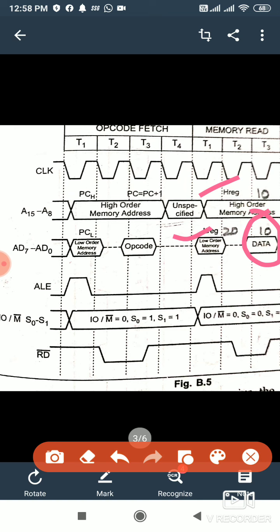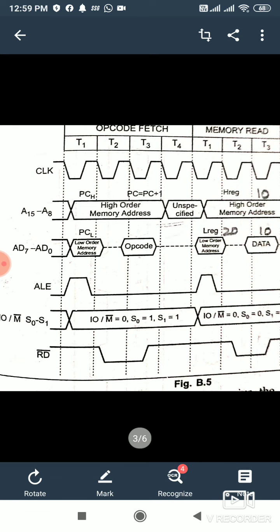The 10 requires a machine cycle, that is memory read. When this subtraction occurs, the result is again in the accumulator within the microprocessor, so no more machine cycle is required. So opcode fetch and memory read, these are the two machine cycles that you have to draw here. Now I think it is clear to you.